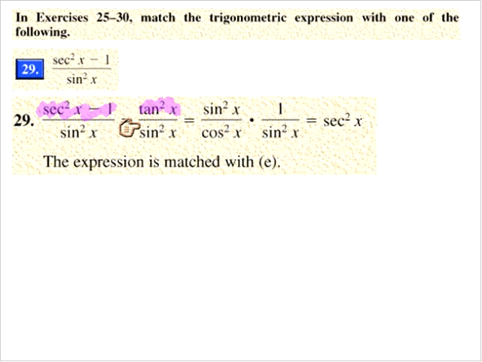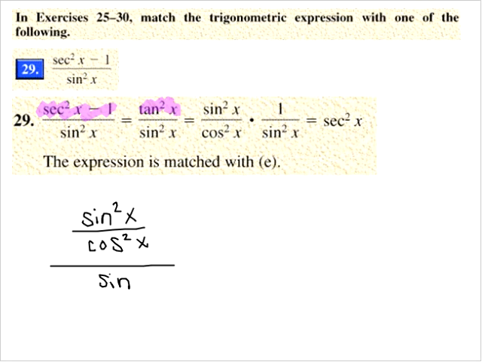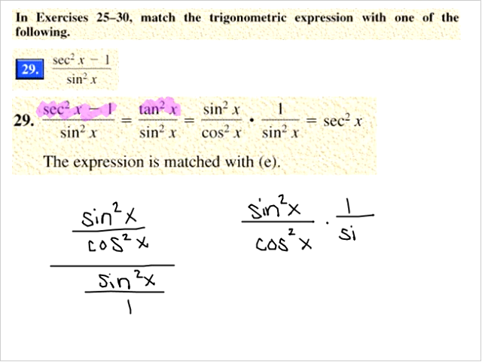Now we have tangent squared x over sine squared x. Tangent is the same thing as sine over cosine, and I'm going to make sure I add in the squares there. I can't actually divide my fractions, so I am going to multiply and make sure I take the reciprocal of that second fraction. Then we see what cancels out.